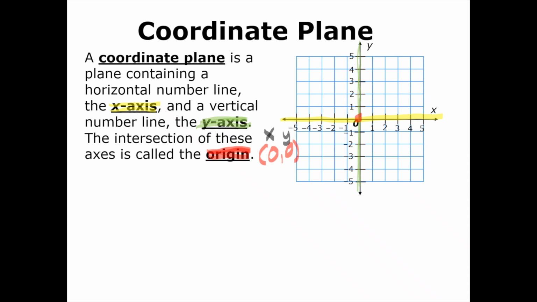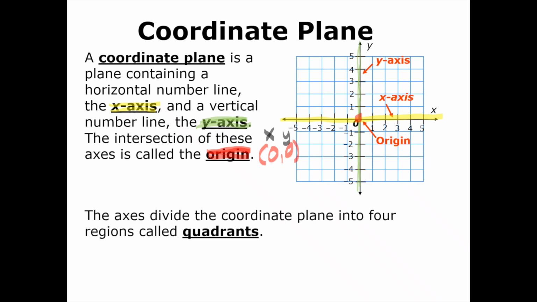And we can see that our coordinate plane has been divided into 4 sections. And those 4 sections are called quadrants. So we start numbering them in the upper right-hand corner. So the upper right-hand corner is our first quadrant. Then we would go counterclockwise. To the left would be quadrant 2, down would be quadrant 3, and to the right would be quadrant 4.